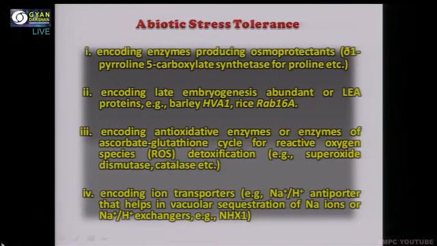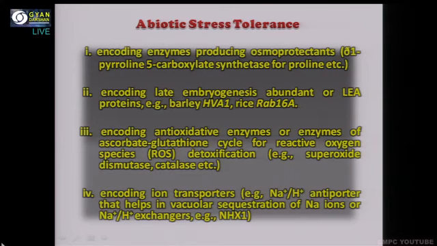You have the late embryogenesis abundant genes or proteins. You have the different antioxidative enzymes like superoxide dismutase, catalase, peroxidase, etc. And you have the different ion transporters like the sodium Na+/H+ antiporters, etc., to name a few, which are actually induced during stress.